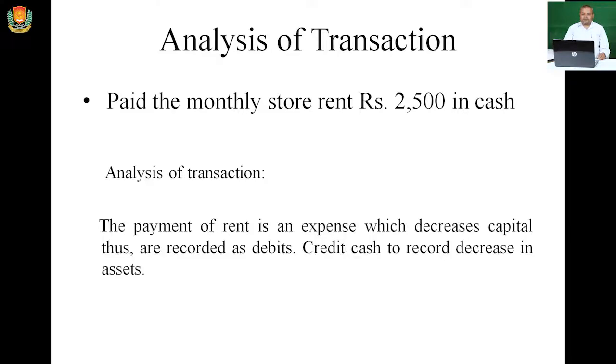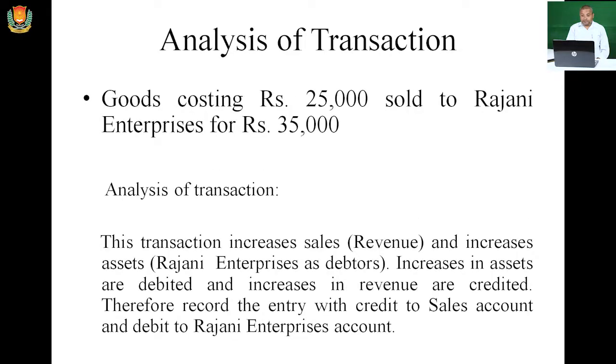So the entry will be monthly rent debit to cash account. If we take another transaction in which goods costing rupees 25,000 are sold to Rajni Enterprises, here also there are two types of accounts. One is Rajni Enterprises and the second is goods.